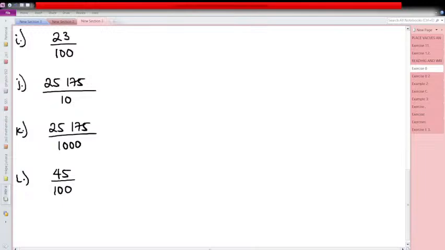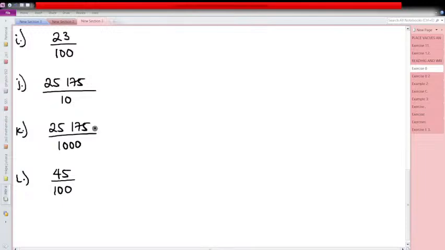Ralph is still wrong. J is wrong. J should be 25.175 because you are moving the decimal point 3 times. So when you move the decimal point 3 times, it's going to fall in between where I showed you. Okay?